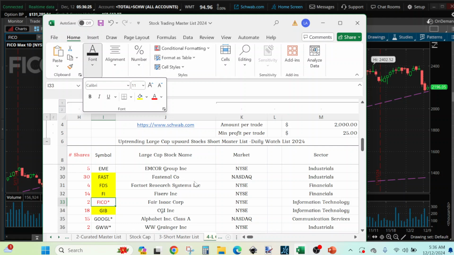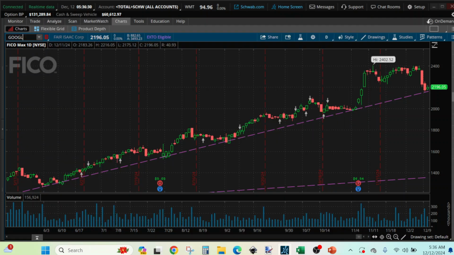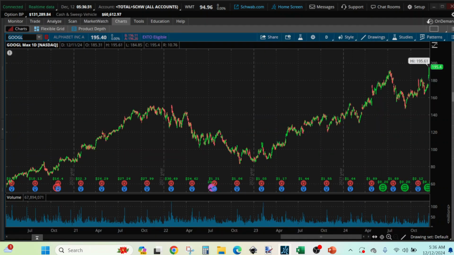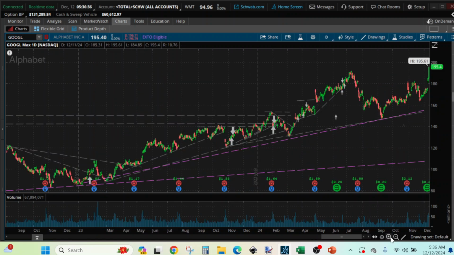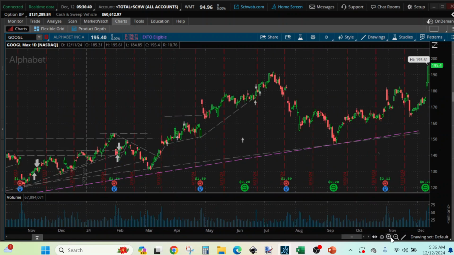So Google. Google is far from the line we like to buy it on. Wow, Google went back up. That's good. It has been in a downtrend. We threw it a little bit, and then luckily we are now holding on to it.